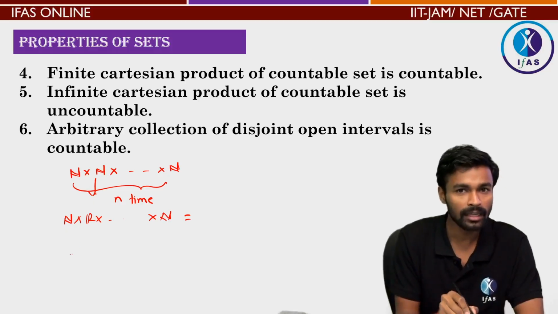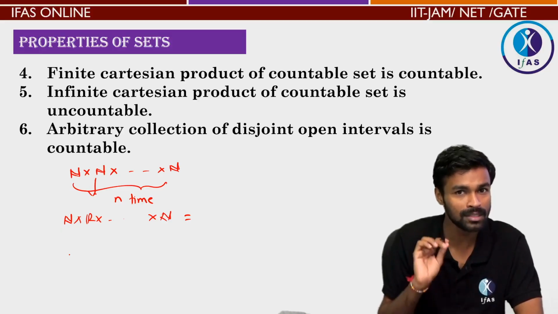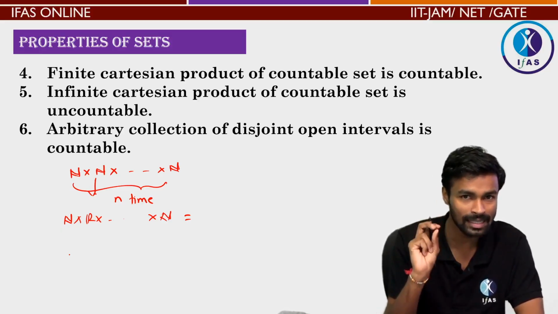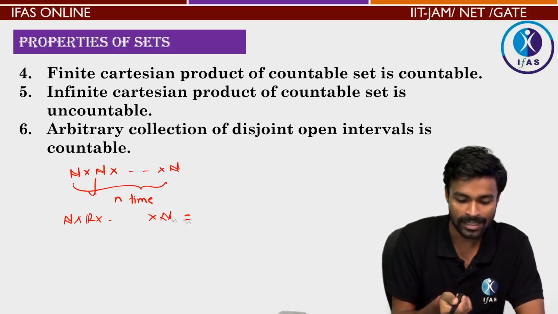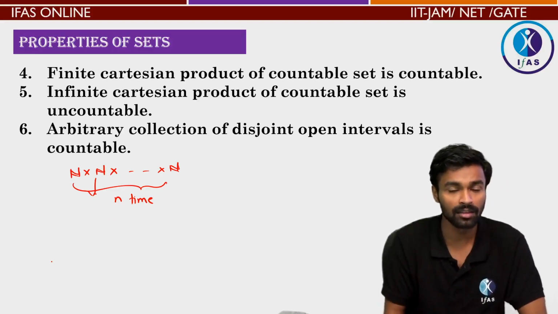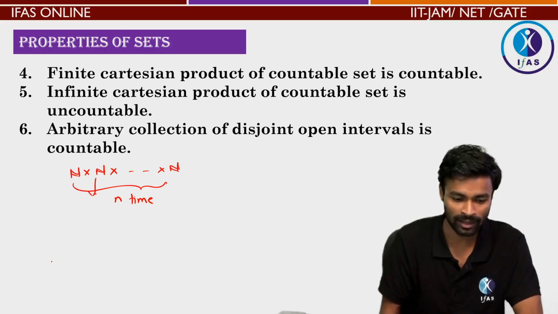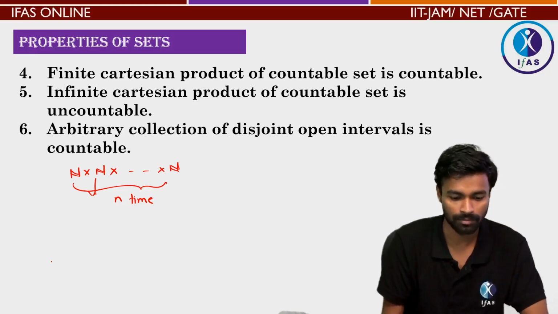So here the cardinality will be c multiplied by aleph naught, and aleph naught times c becomes c. That means the cardinality of that set will be c, and therefore the given set will be an uncountable set. But if I take all countable sets, then the finite Cartesian product of countable sets is countable.